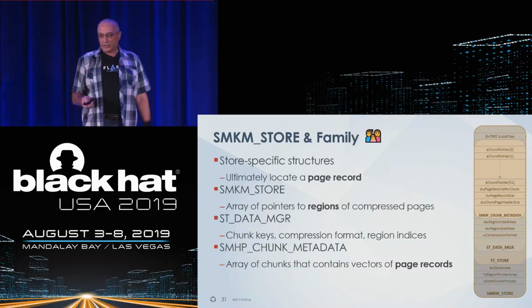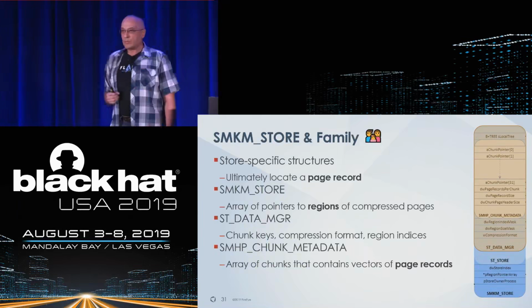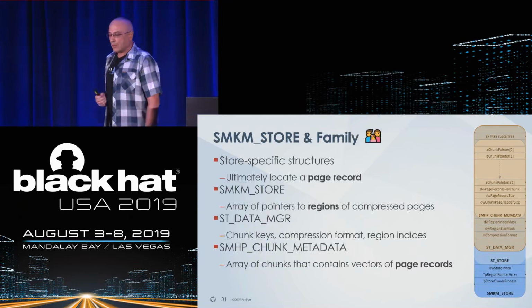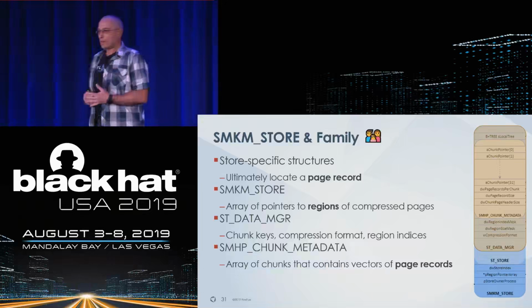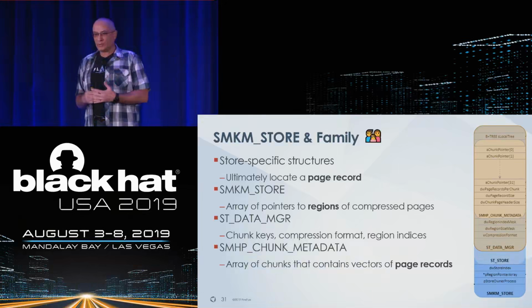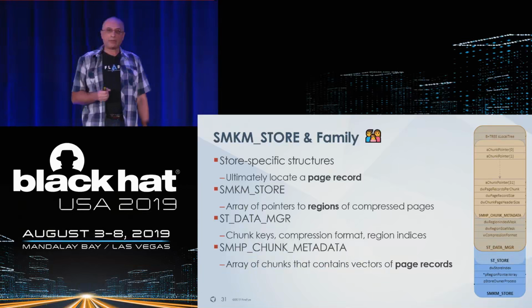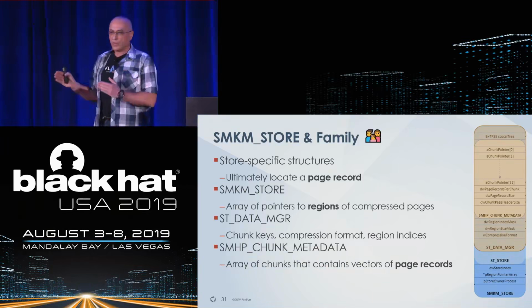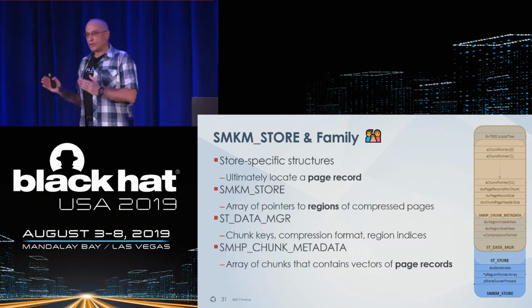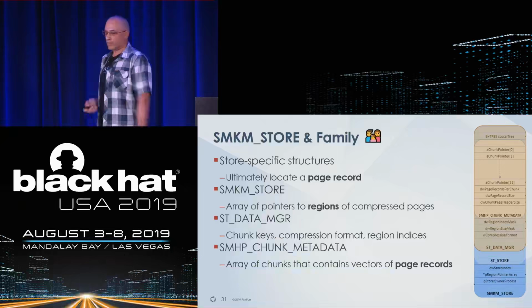The next component is called data manager, and among the other data, it contains what kind of compression algorithm has been used to compress the data, and also another bit tree that correlates the page keys of the store with a value we call chunk key. I will talk about the chunk keys in the next slide.